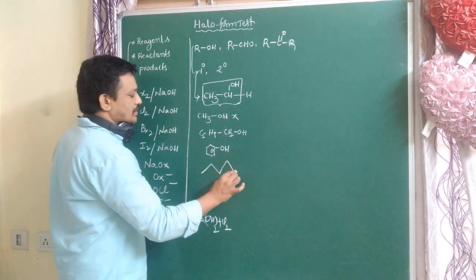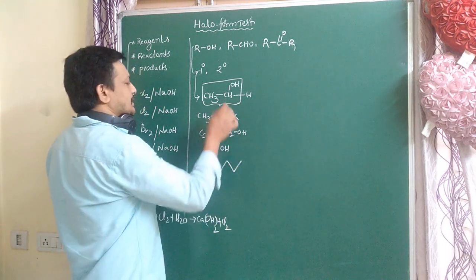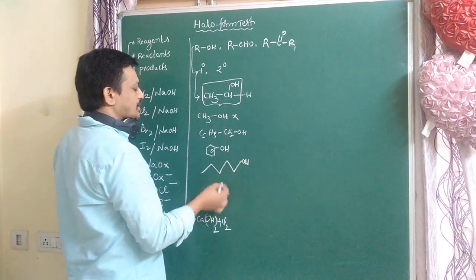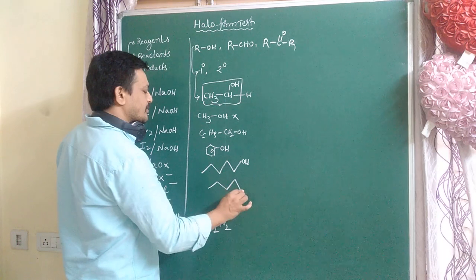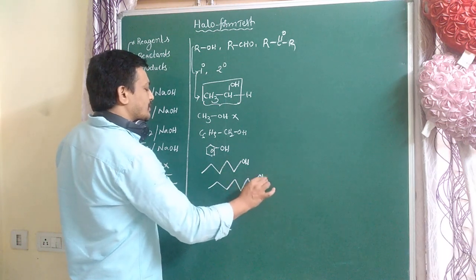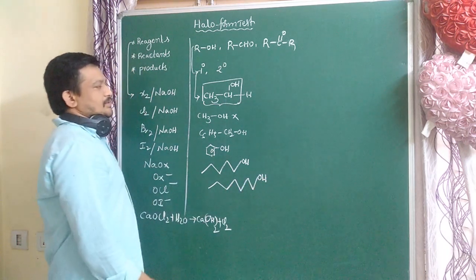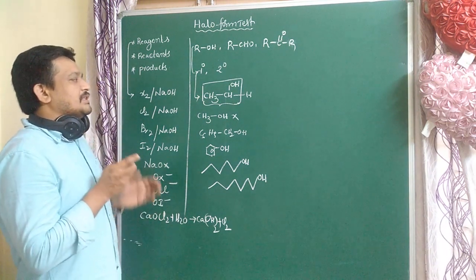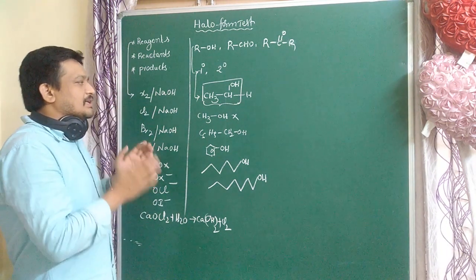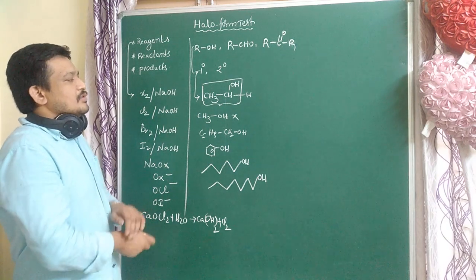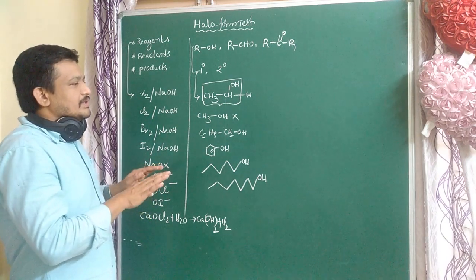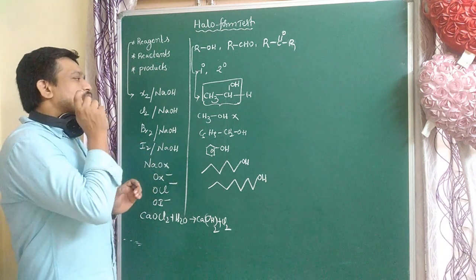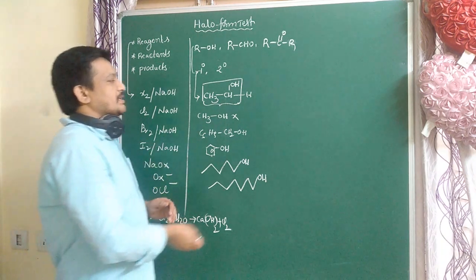Any primary alcohol except ethyl alcohol is not involved in the haloform test. In primary alcohols, only ethyl alcohol is involved in this reaction.